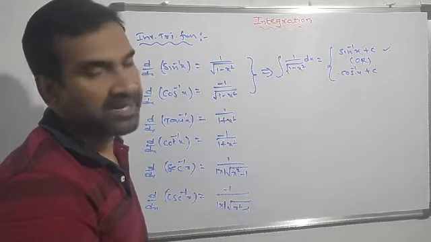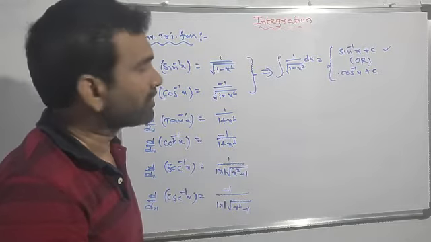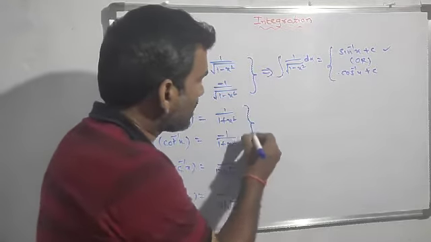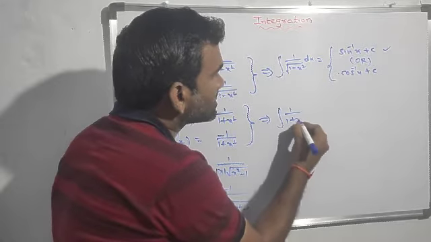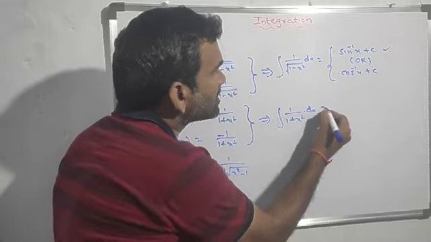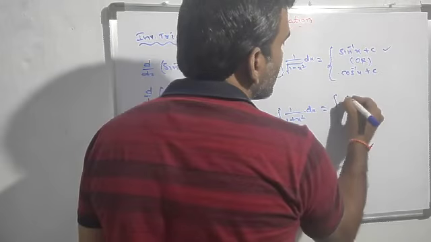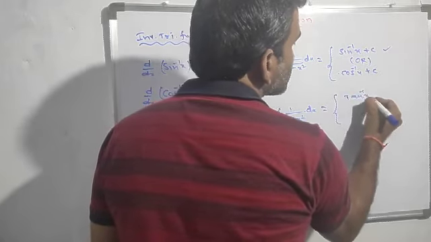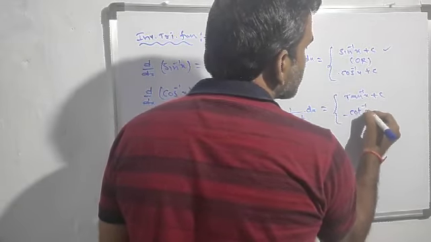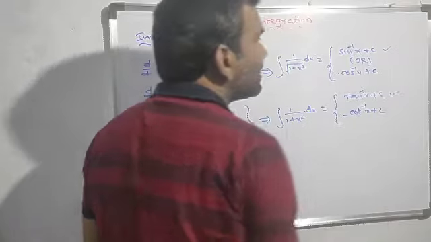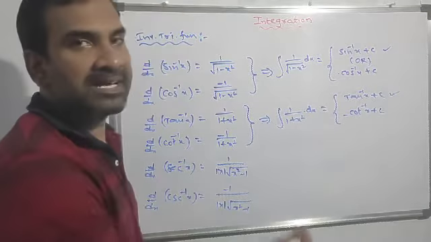Already we know that we compulsorily have to add the arbitrary constant. So according to this, integration of 1 by 1 plus x square into dx equals tan inverse x plus c, or we can take minus cot inverse x plus c. Mainly we consider that value.